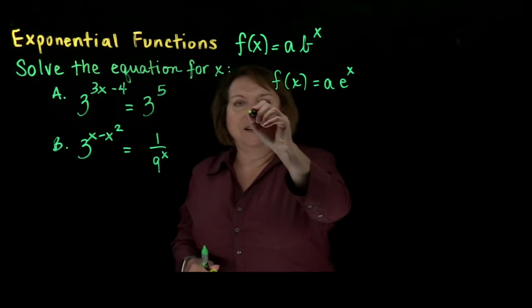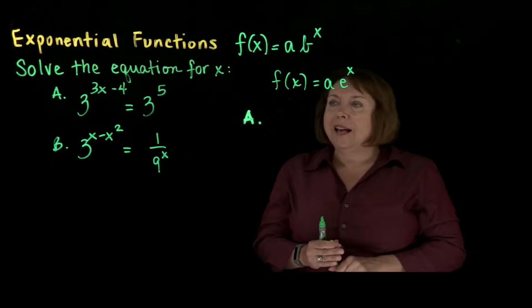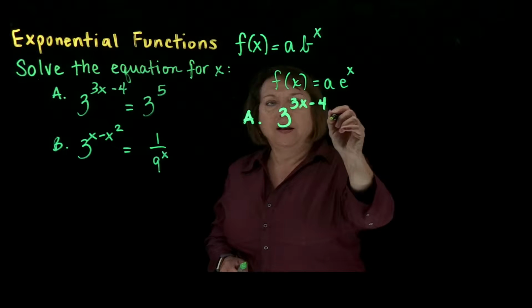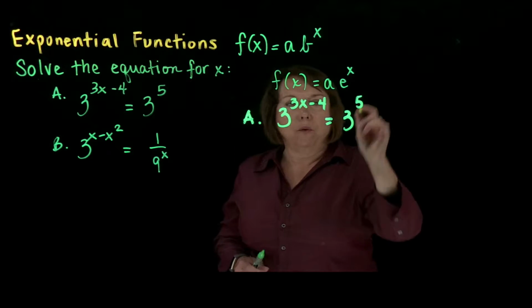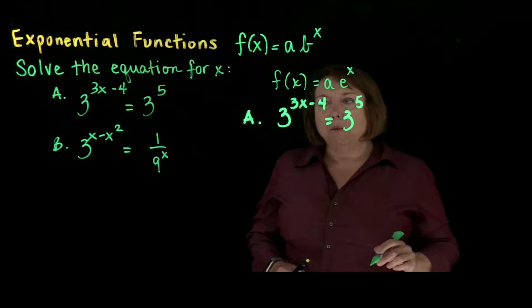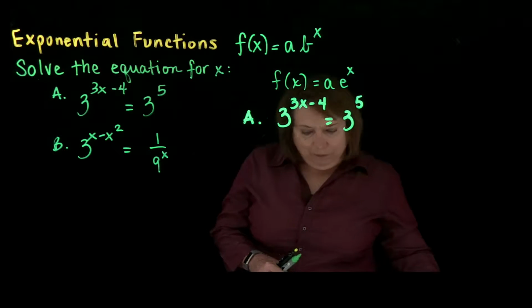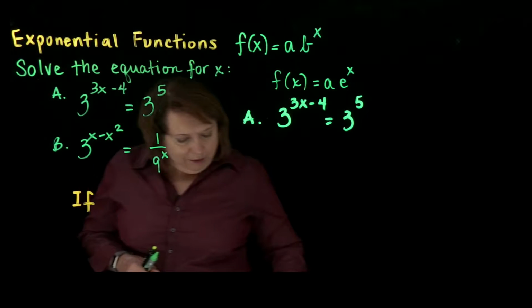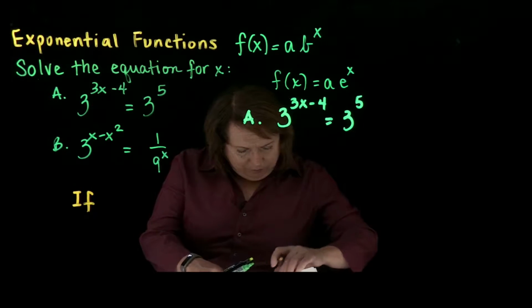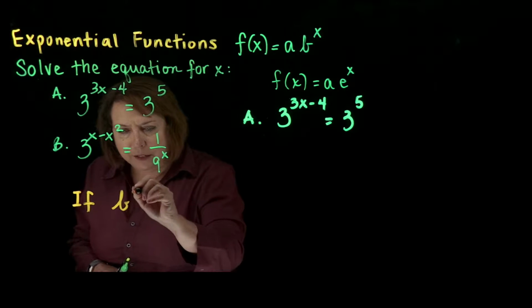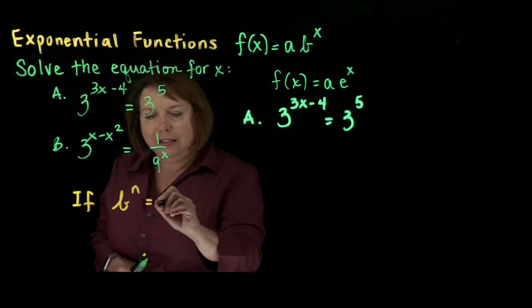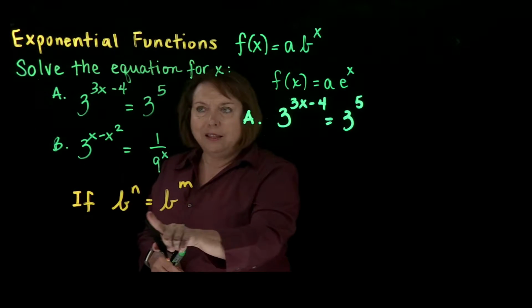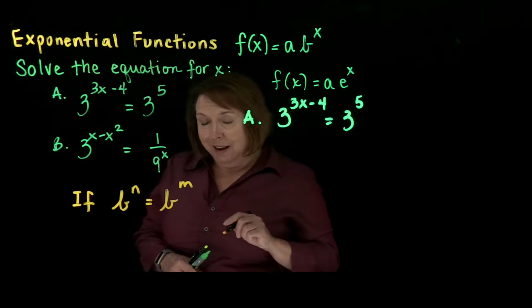Let me use yellow and let's solve this. 3 to the 3x minus 4 is equal to 3 to the 5th power. Now there's a property that we want to keep in mind, and that is if a base raised to some power n is given to you as equal to a base raised to some power m, notice that the bases must be the same on both sides.